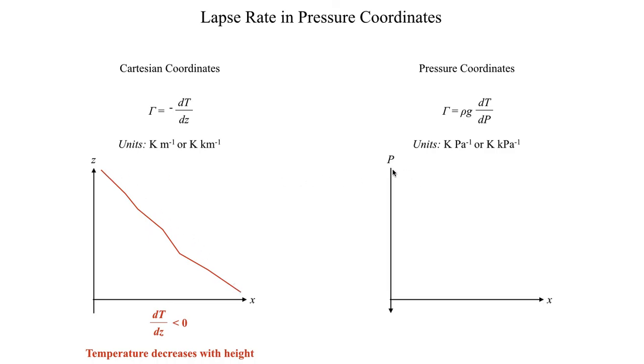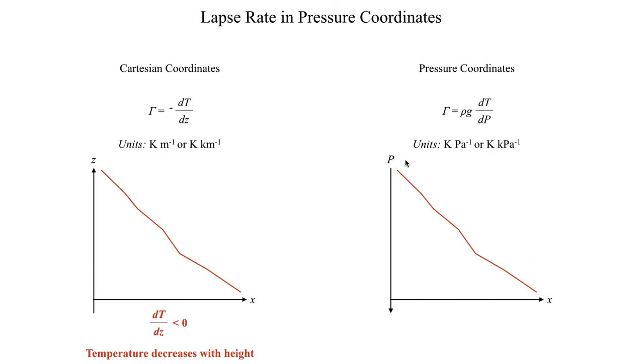Again, the pressure coordinate system has higher values of pressure being directed downward and lower values of pressure as you go higher into the atmosphere. So let's take a look at the same exact temperature line that we have over here. As we go upward, as we go higher in elevation, we're going towards lower values of pressure, but we're also going towards lower values of temperature.